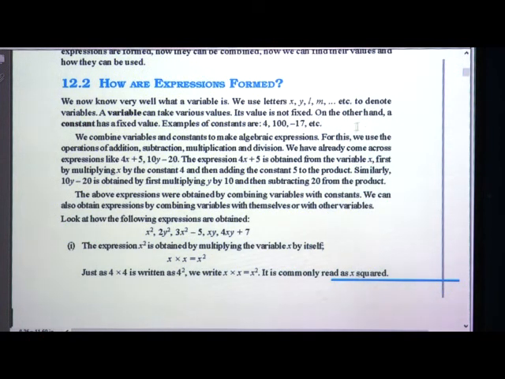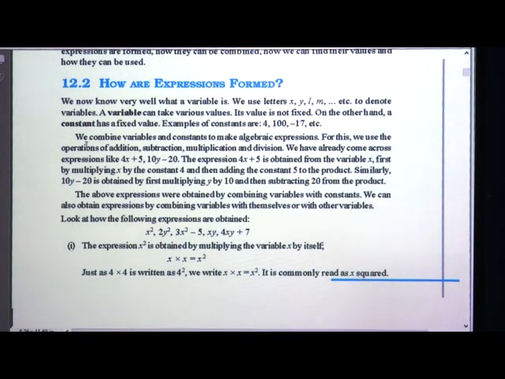On the other hand, a constant has a fixed value. This is a new word for you: what is a constant? A constant has a fixed value. For example, constants are 4, 00, minus 17 etc. It is nothing but a numerical value.